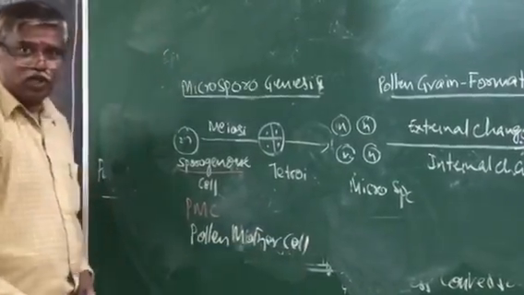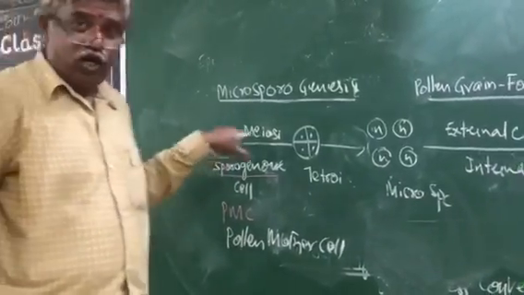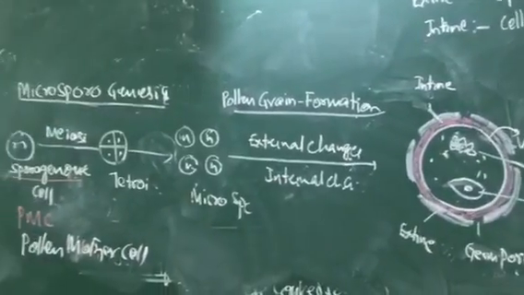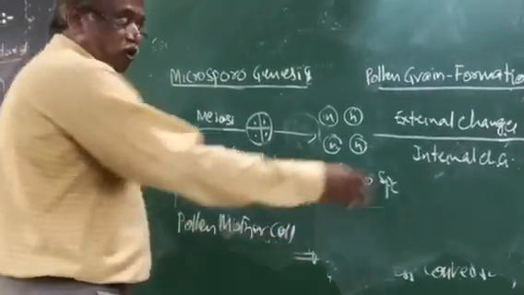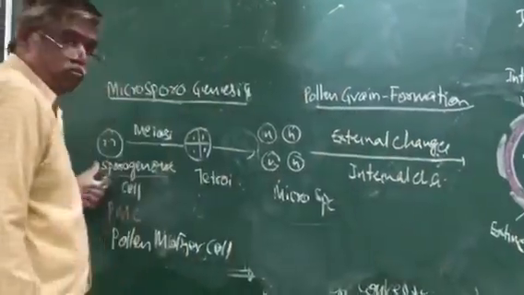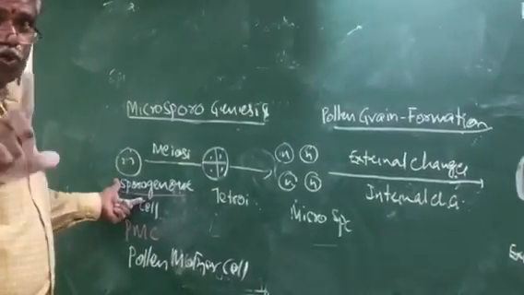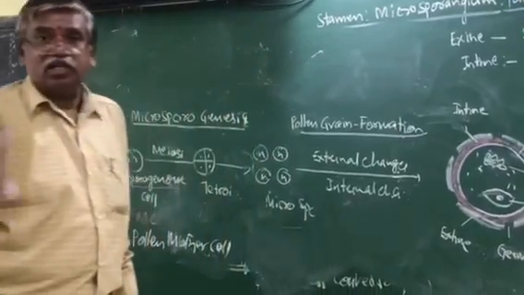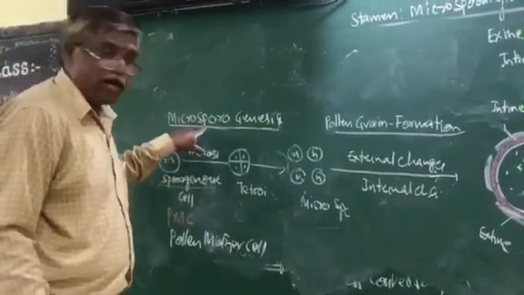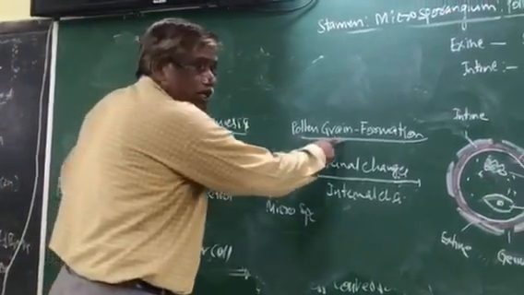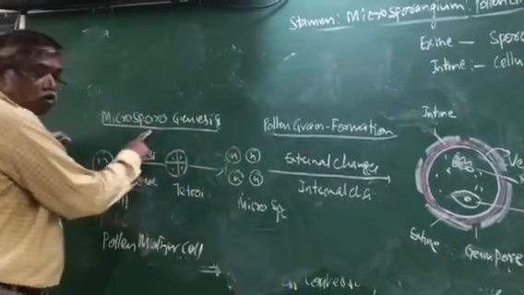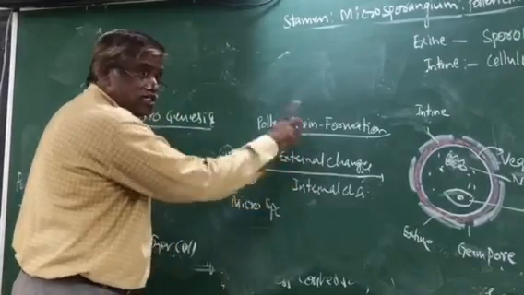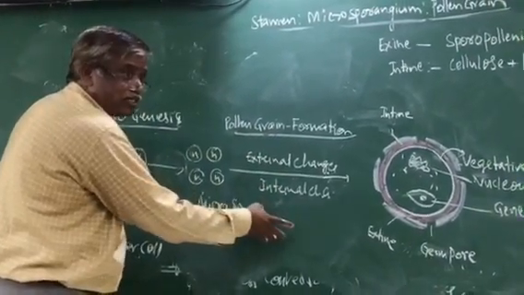Pollen mother cell. But this pollen mother cell does not turn directly into a pollen grain. Two important processes occur for the formation of a pollen grain from a sporogenous cell: microsporogenesis and pollen grain formation. In microsporogenesis, meiosis occurs. In pollen grain formation, there are external changes and internal changes.